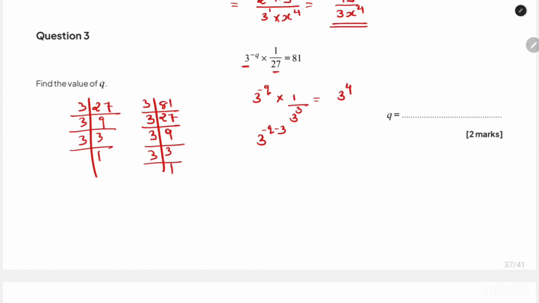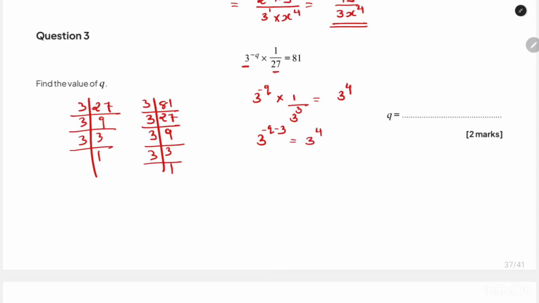Now many students will ask me where this 1 went, because 3 raised to minus q into 1 is 3 raised to minus q only, because whenever you multiply anything with 1, the number remains as it is. So this whole numerator will become 3 raised to minus q only. So that is 3 raised to minus q divided by 3 raised to 3. Now in division with the same base, we subtract the powers.